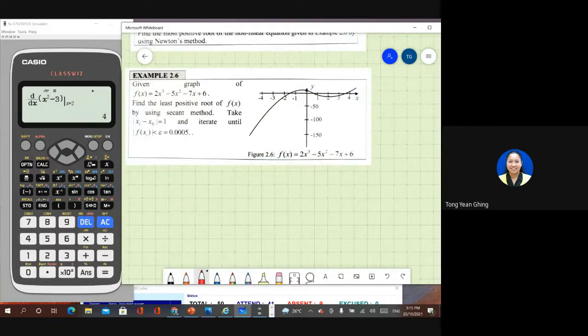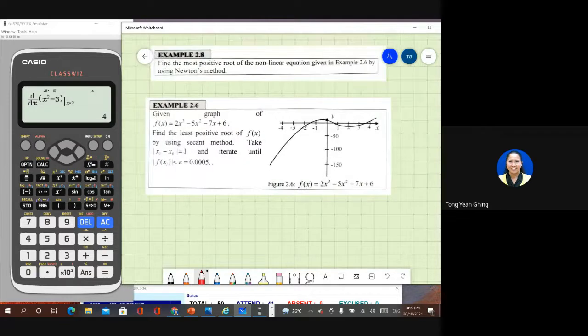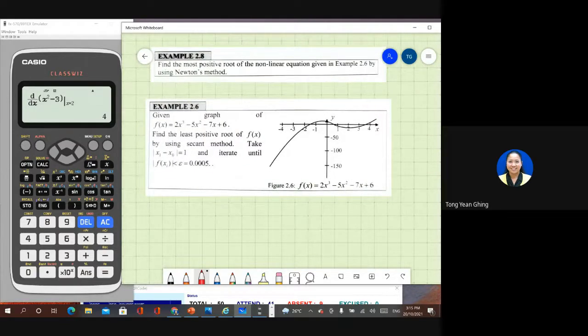Okay, so go to this example 2.8. Find the most positive root of the non-linear equation given in example 2.6. So I have to refer to 2.6, using Newton's method. Example 2.6: given the graph of fx equal to 2x power 3 minus 5x squared minus 7x plus 6.